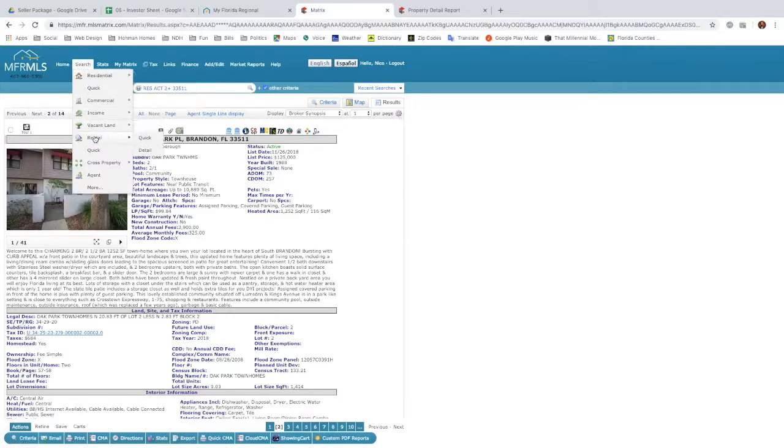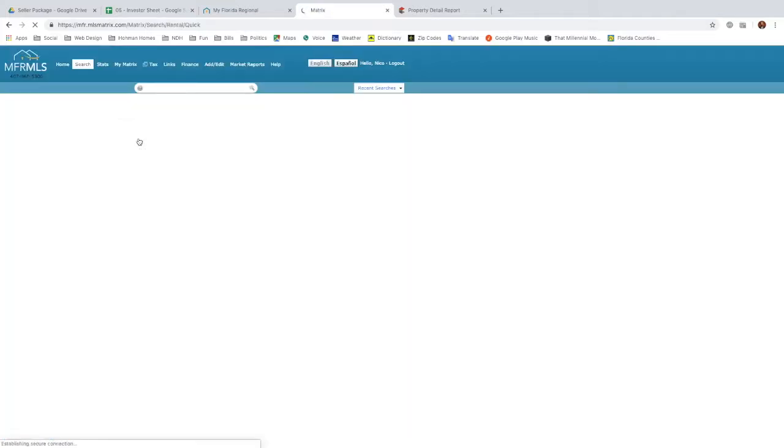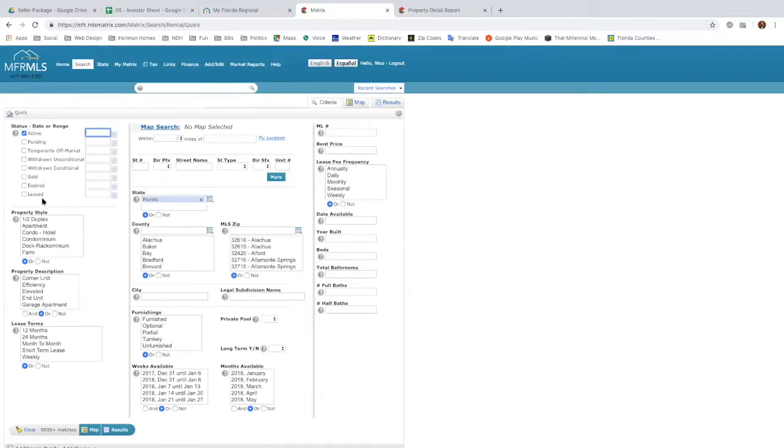So when we're pulling some rental comps, what we're looking for is active comps on the market and leased comps within the last year. The reason we say the last year is because the contracts for rental properties are typically a year long, and so things that leased in early 2018 still would apply today because that contract is ongoing.